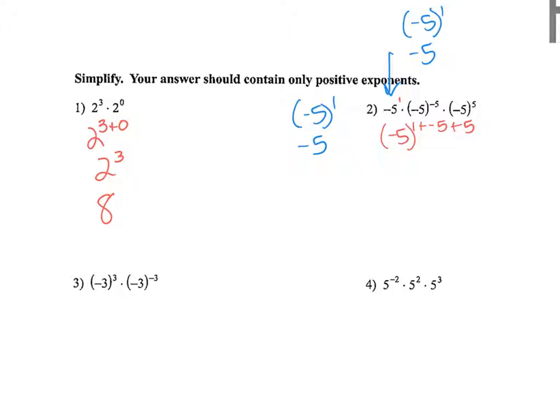What is 1 plus negative 5 plus 5? 1 plus negative 5 plus a positive 5. 1. Do you see how these cancel to make 0? You can just do this, or you can do this if you feel more comfortable putting a 1. They mean the same thing.